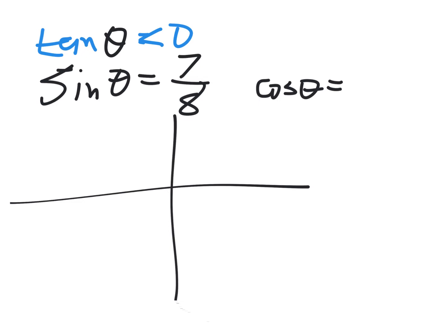Exactly. All right. Now, sine's positive, and my first instinct would have been to draw it here, but what stops me from doing that? Why can't I do that? Because tangent's negative. And tangent wouldn't be negative. All of them are positive there.